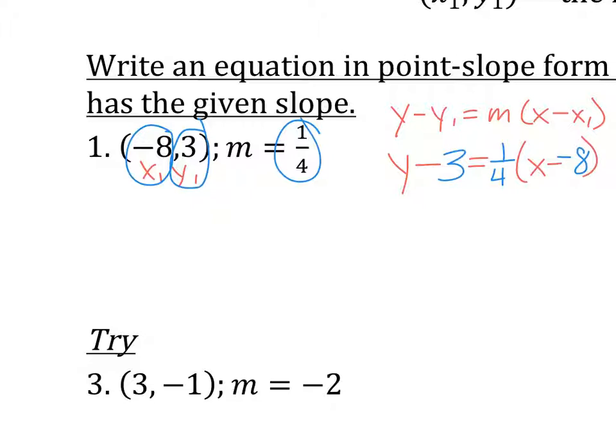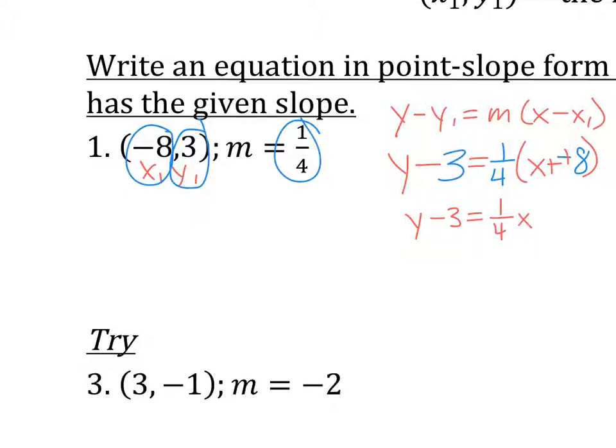Okay, so I filled in the 3 parts for point slope, and now solving this, anytime I have minus a negative, that becomes plus a positive. Remember, my first step in order of operations is to get rid of my parentheses. So I need to distribute, so I have y minus 3. 1/4 times x is 1/4 x.